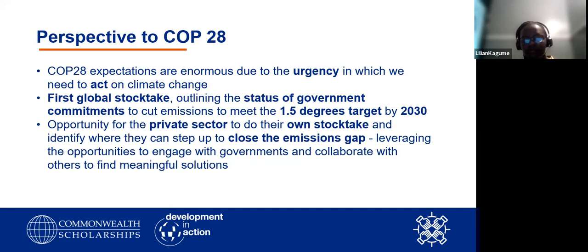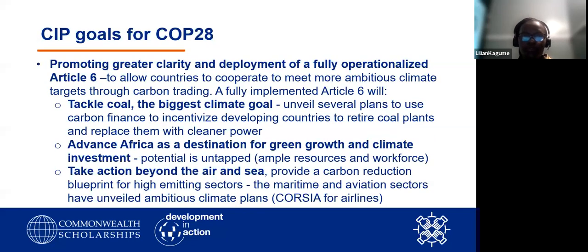This will also provide an opportunity for the private sector to do their own stocktake and identify where they can close emission gaps. And this is going to create more opportunity for carbon trading, because of the opportunities that will come through governments and collaborations to get meaningful solutions.